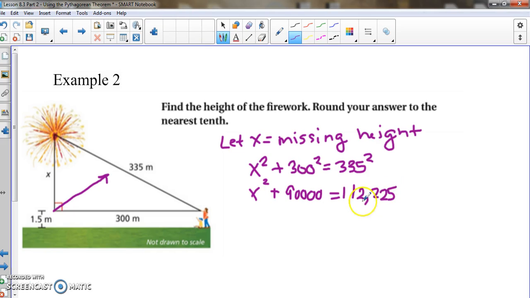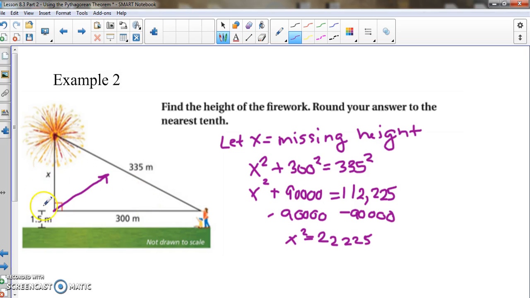112,225. All right, to start solving that, remember we have to subtract 90,000 from both sides to get x squared all by itself. So I'm going to get x squared equals that number that I had before minus 90,000. And I'm going to get 22,225.